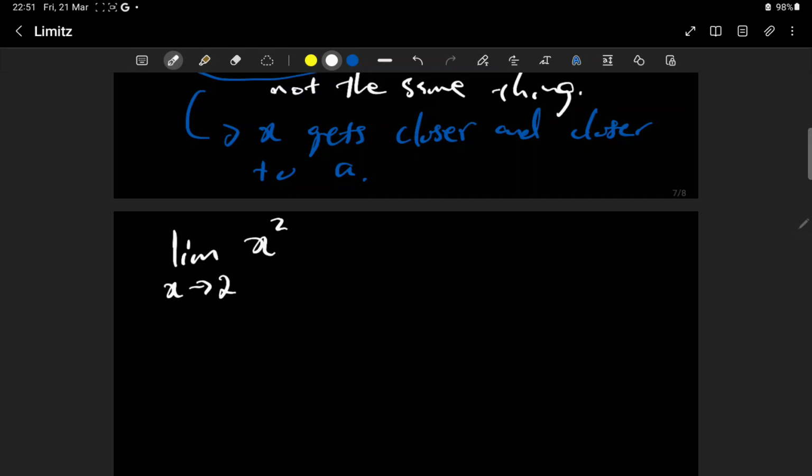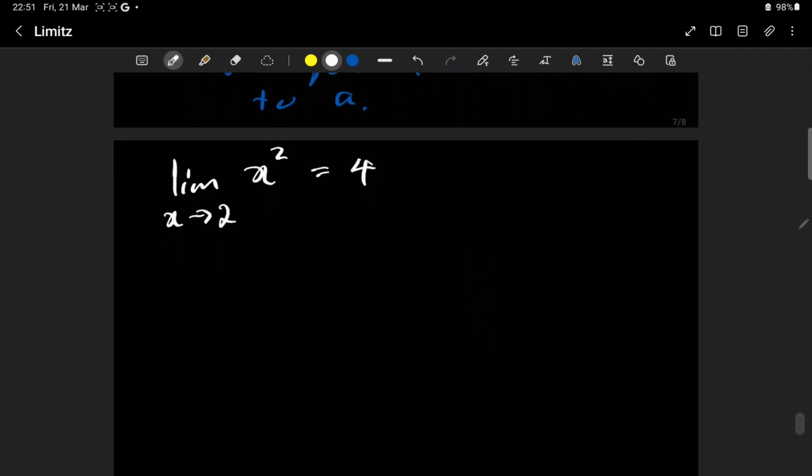But in any case, let's say, for instance, we say that you must find the limit as x tends to, let's say, 2 of x squared. What is the limit of this? So one could say, okay, the limit of this is 4, right? And then the question would be, how did you get 4? How is the limit of x squared 4?